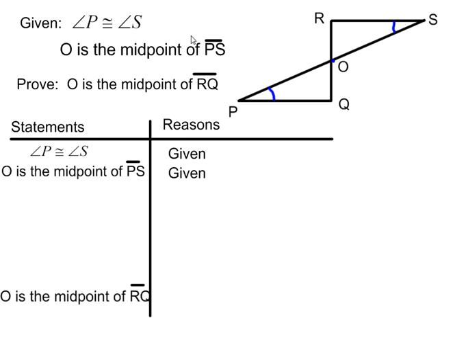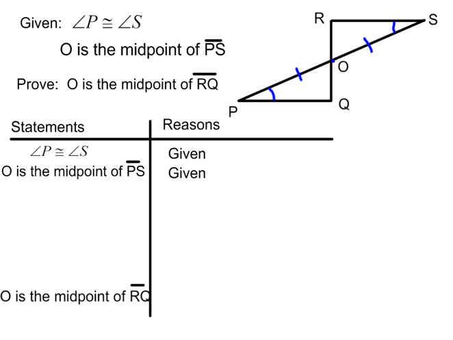But what does it mean to me? So here is point O again, here is segment PS, and since it's a midpoint, it means that segment PO must be congruent to segment SO. And I'm going to use marks to show that these two segments are congruent.